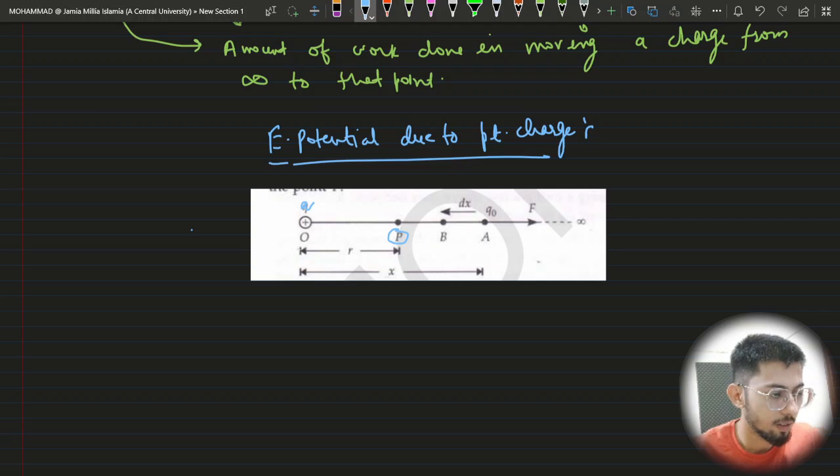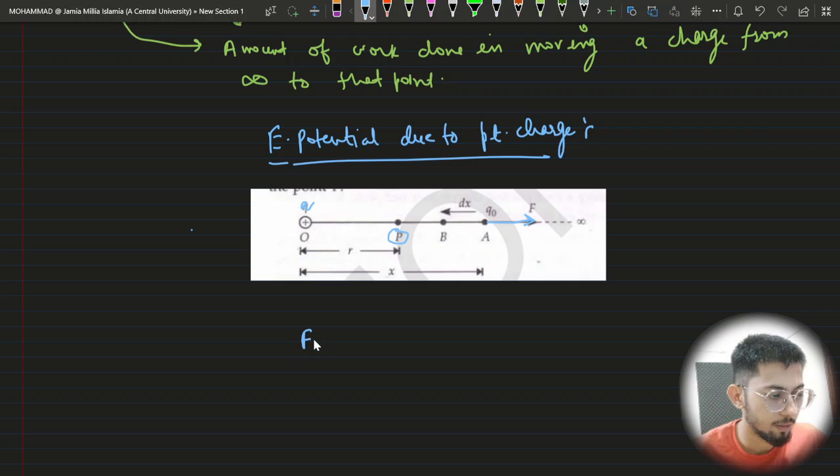Now first tell, suppose this is the test charge Q naught placed at this point A. What would be the force acting on this charge? This will be the force in this direction because they both are positive.